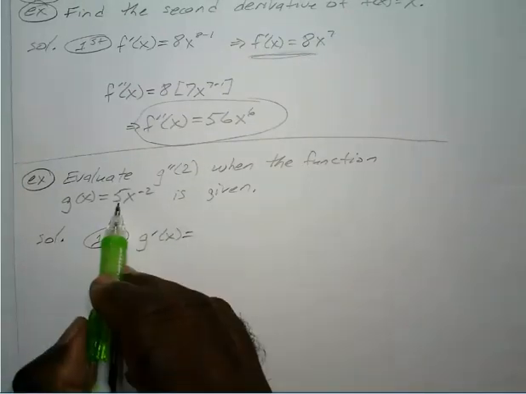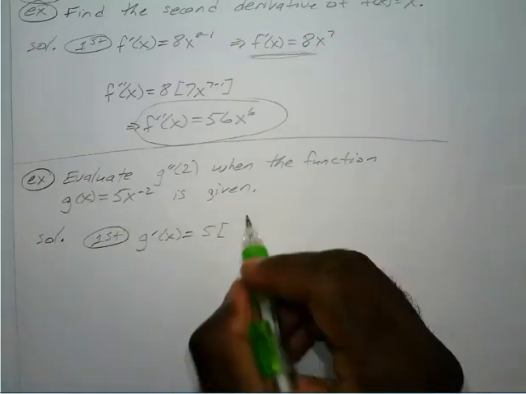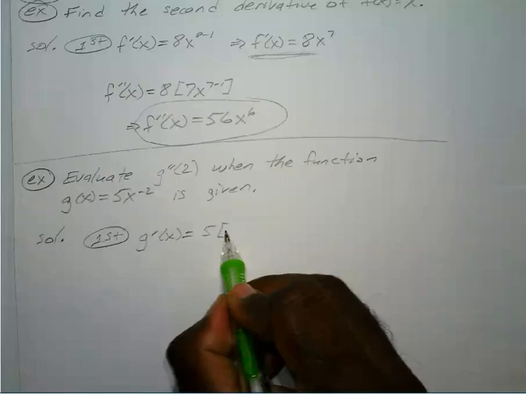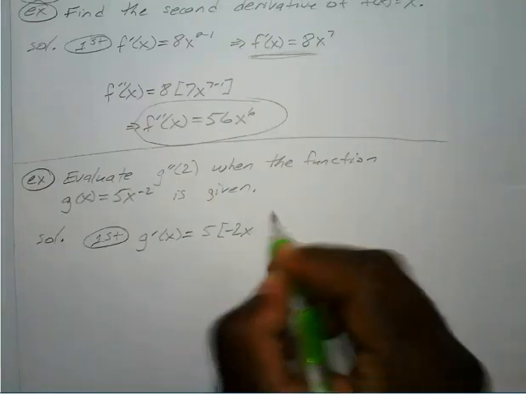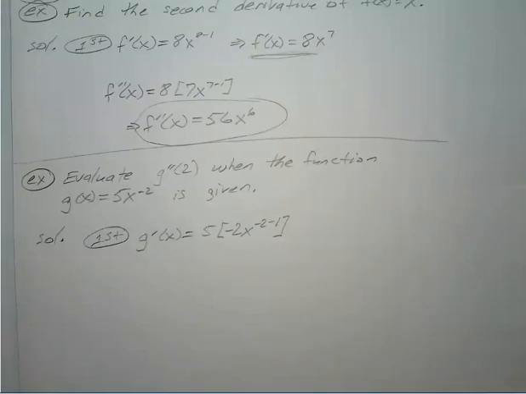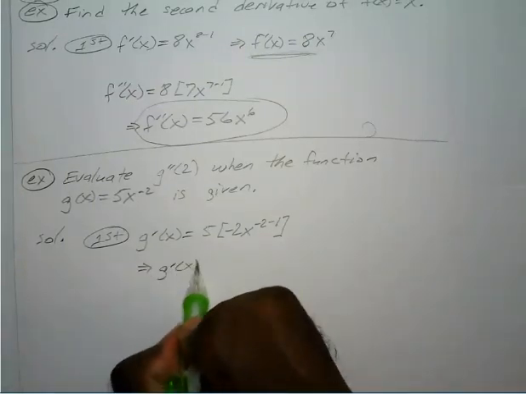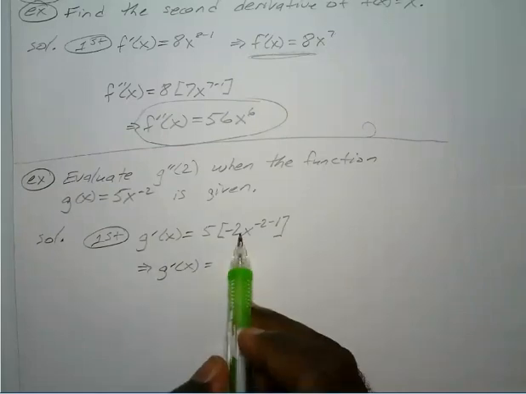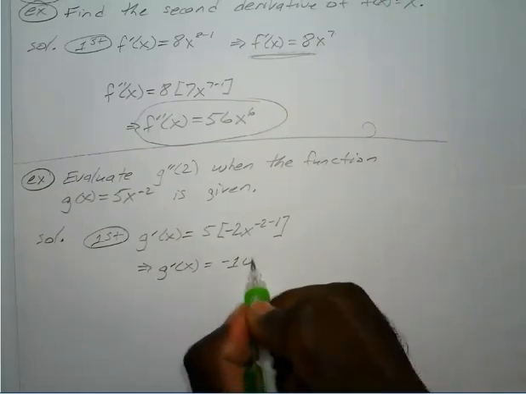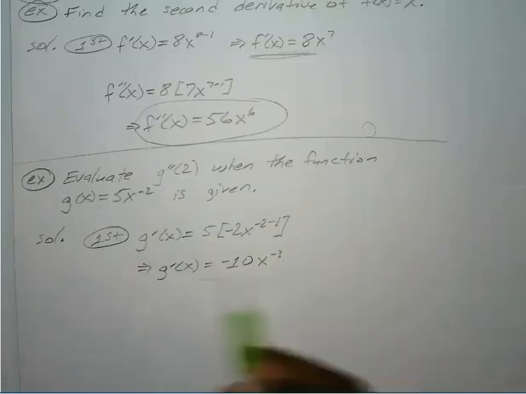Okay, so that's 5 times the derivative of x to the negative 2 power, so we bring down our negative 2 and we subtract 1. Okay, so that lets us know that our first derivative, 5 times negative 2 is negative 10, times x to the negative 3 power.